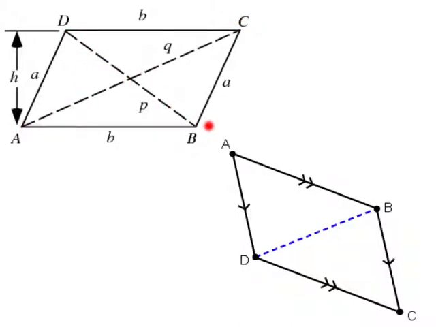Q and P are both diagonal lines. But B is the base and H would be the height. Alright, a parallelogram, you can divide like this and have two triangles, or like this and have two triangles, one here, one here. But the base is going to be the same for both of those.